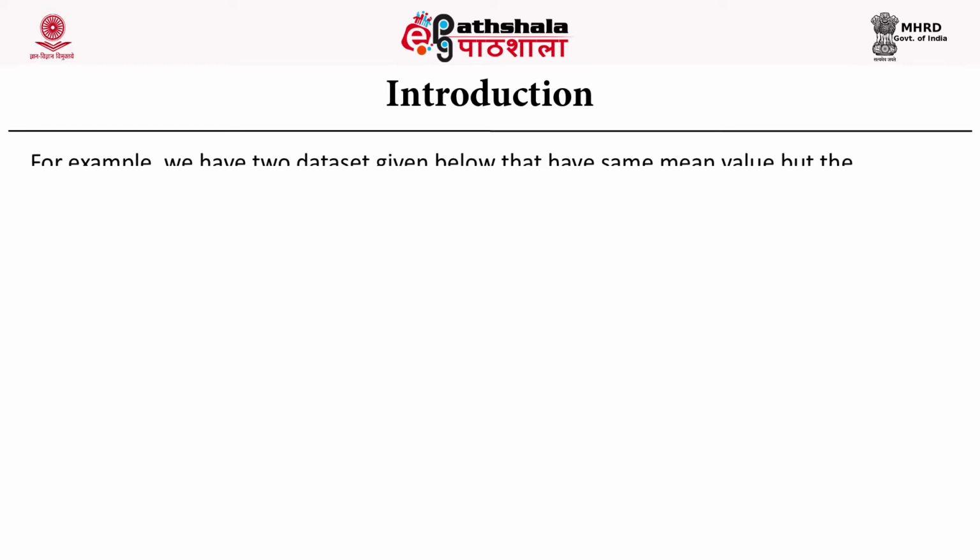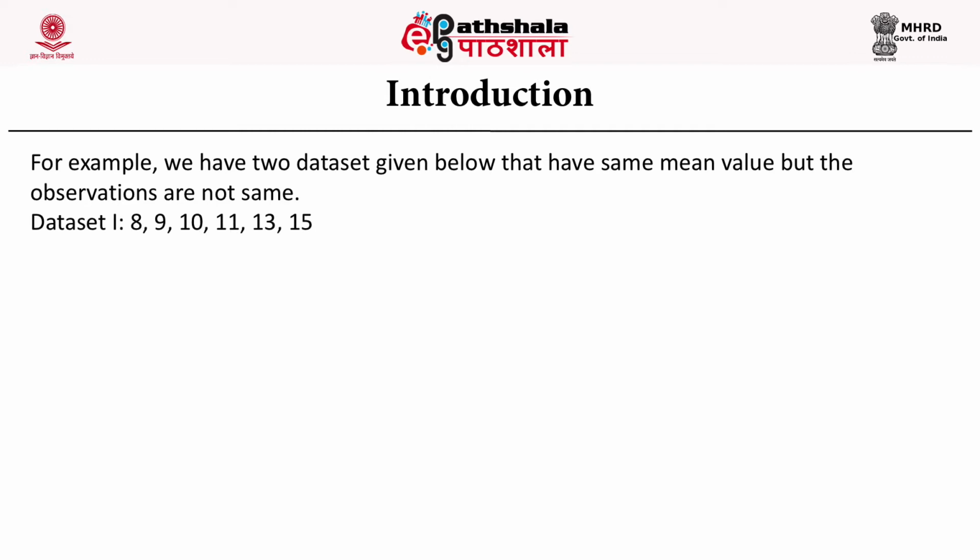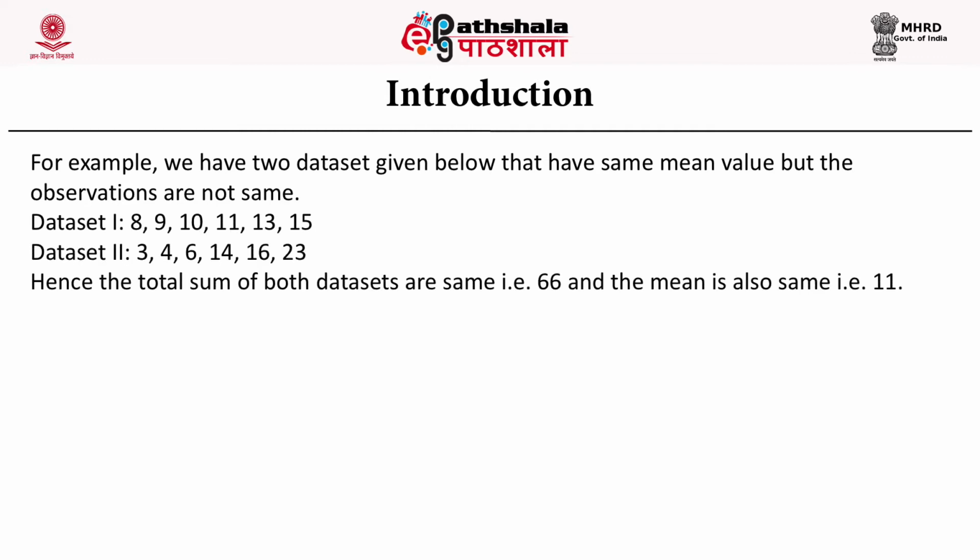For example, we have two data sets given below that have the same mean value, but the observations are not the same. One can easily see that data set 1 has the values 8, 9, 10 up to 15, and data set 2 has small values and also very large values, but the total sum of both data sets is the same, that is 66, and the mean is also the same, that is 11.